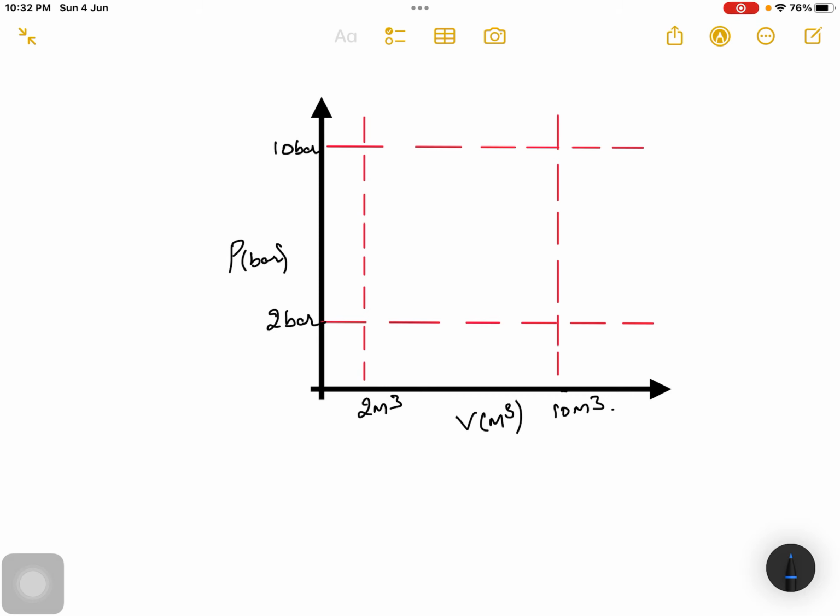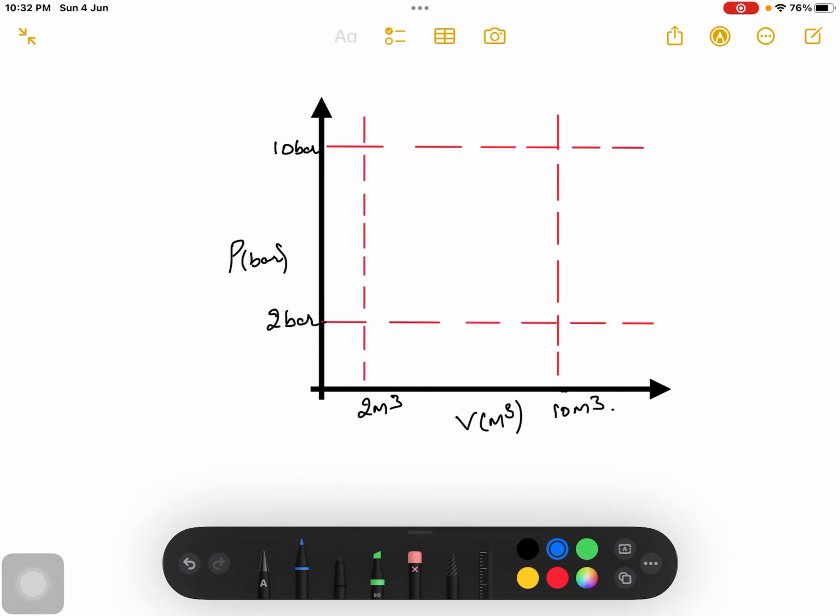In the non-quasi-static process, what is happening? It is a rapid process.